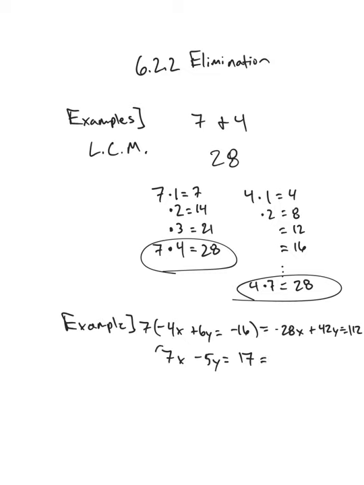Okay? If I do that same idea with least common multiple, if I'm making that a 28x and a negative 20y equals 4 times 17, that would be 68. Okay, now we have opposites.